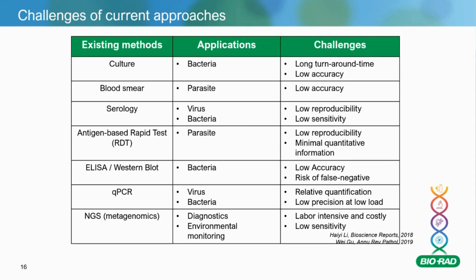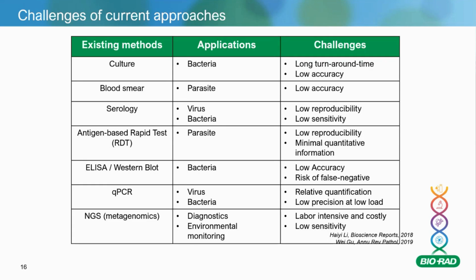So if we look at some of the current approaches to pathogen surveillance, you've got your culturing method, where you grow pathogens on a culture dish or in liquid media, and you do colony counting or optical measurements. But the problem is that viable but non-culturable bacteria can cause issues.